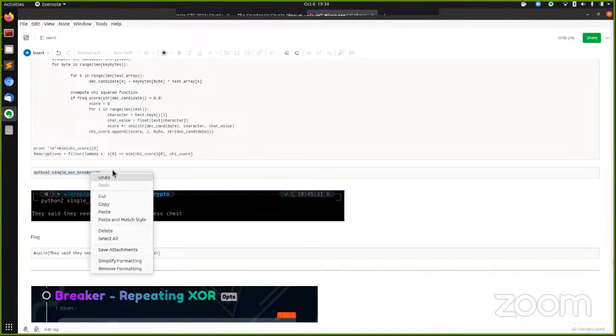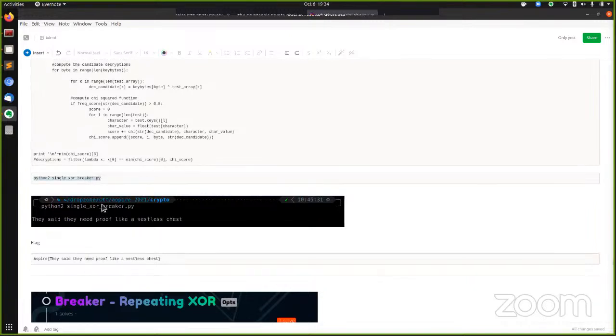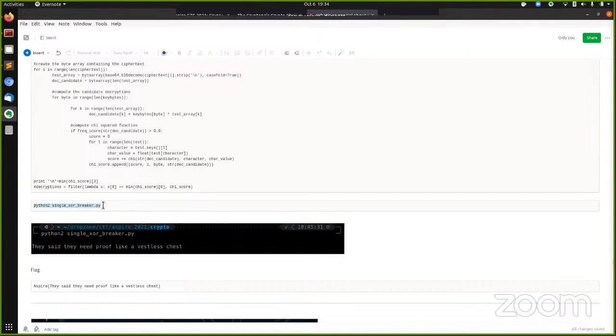From there, we can figure out which best matches the English language. Again, as I said, the one with the lowest chi-squared score is going to be the proper candidate. If you need to go back and refer to something, or even refer to the previous challenge where I tried to explain what the chi-squared score does, you can do that too.